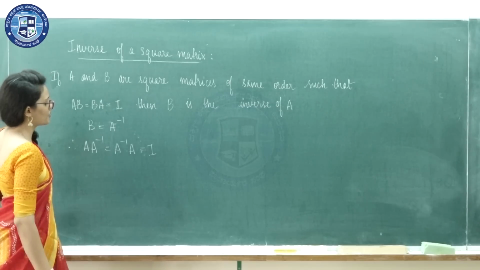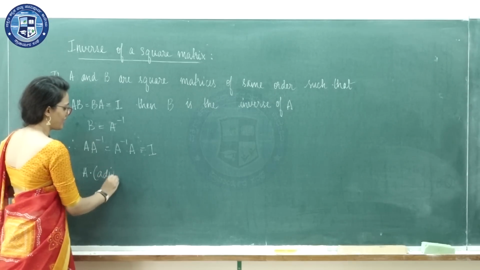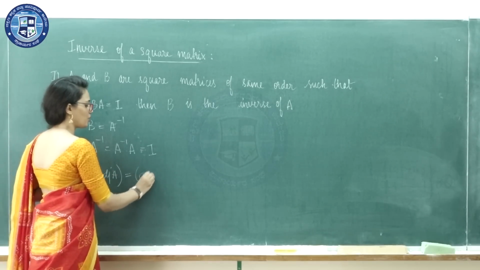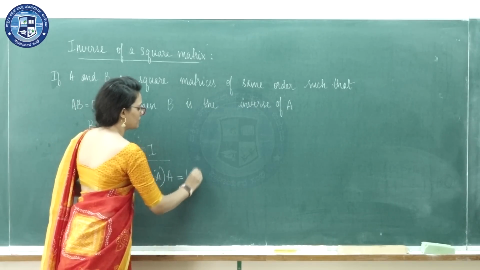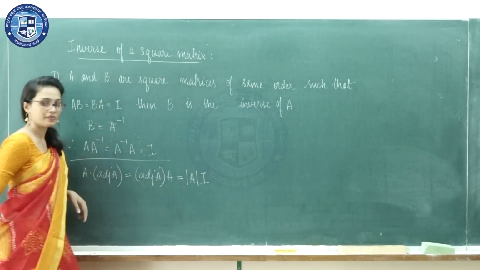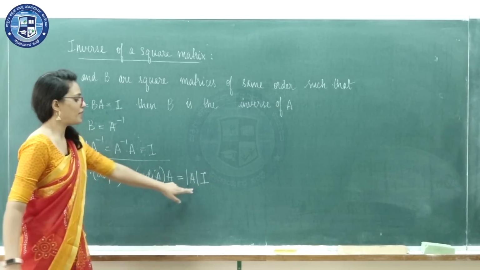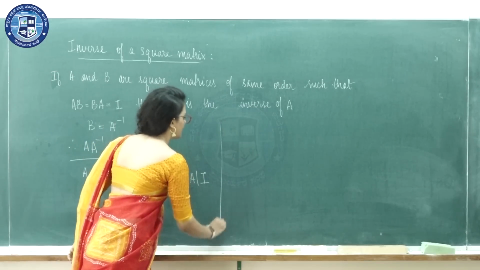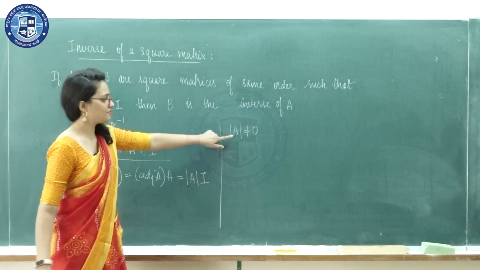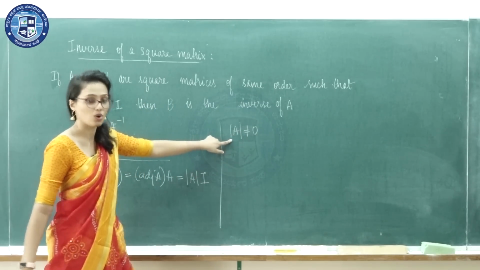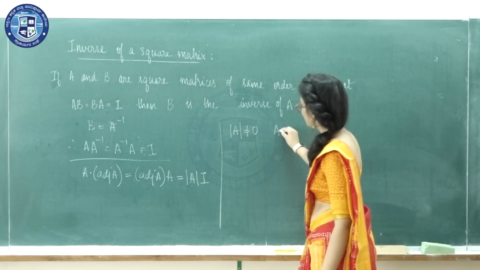Now, from the note that we have verified earlier, we have A into adjoint A is equal to adjoint A into A, and that is equal to determinant of A into I. Now, suppose I divide this equation throughout by determinant of A, and let us take the case when determinant of A is not equal to 0, that is when the matrix is non-singular.